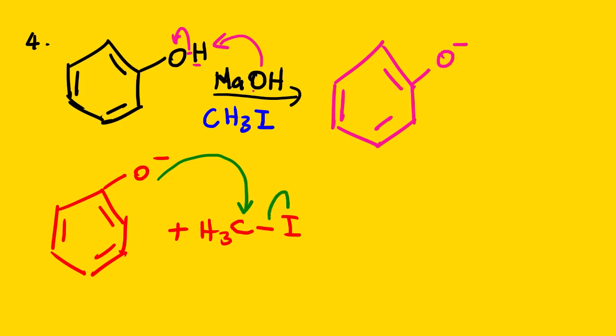There will be an attack on the electrophile to form our ether. The synthesis is very simple. You don't have to be confused. Let us look at example number 5, the last example.